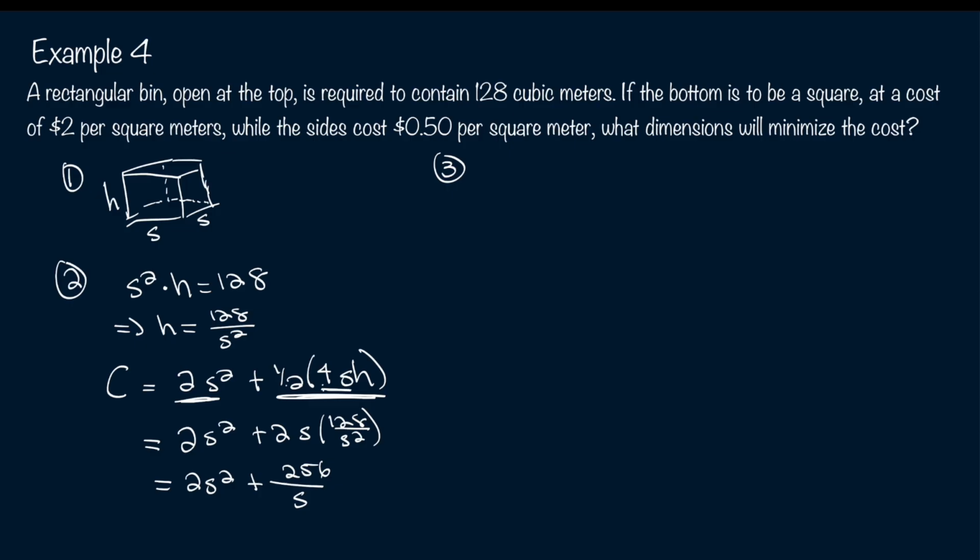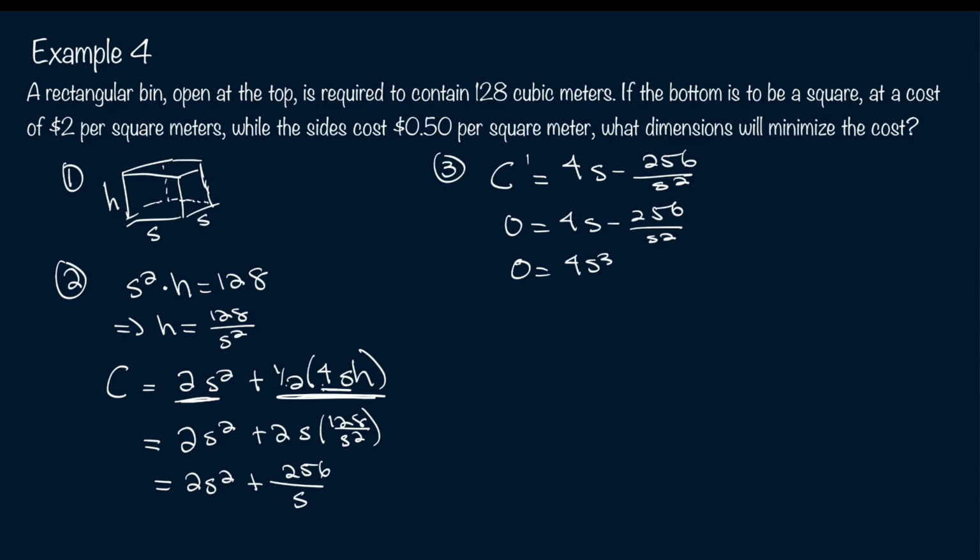Next, we are going to find the derivative of our C equation. So 4s minus 256 over s squared. Let's find our critical value for s. And then we're going to multiply s squared to both sides.